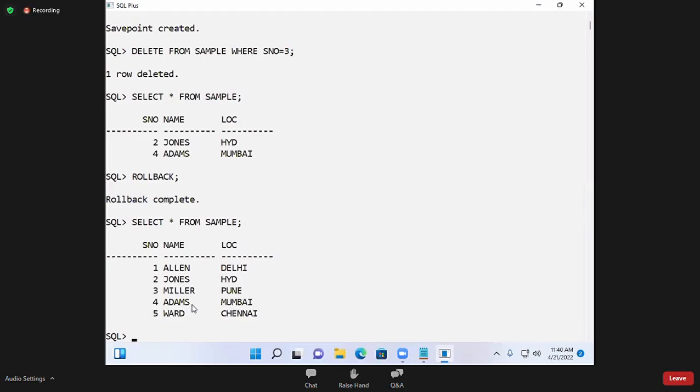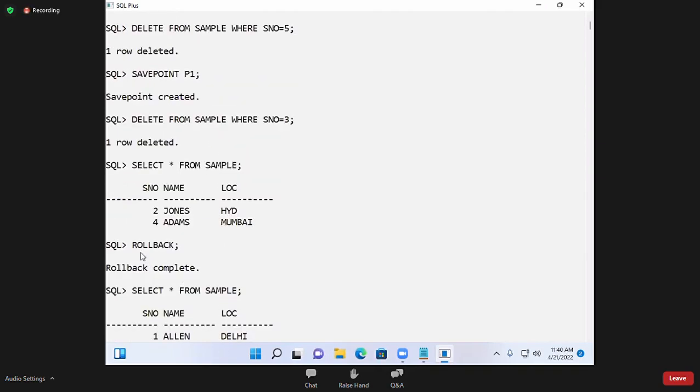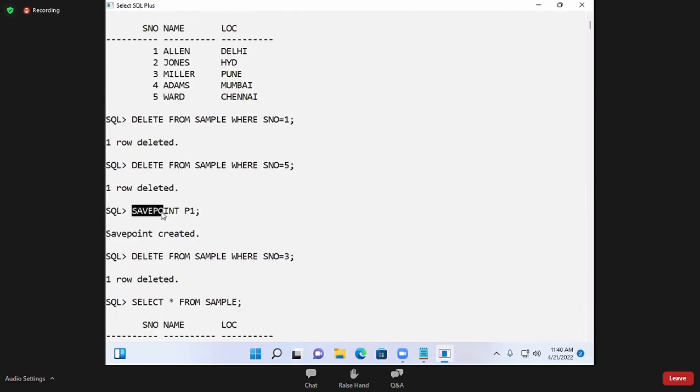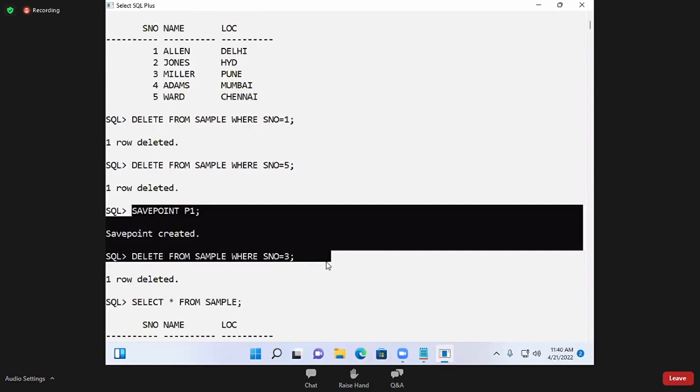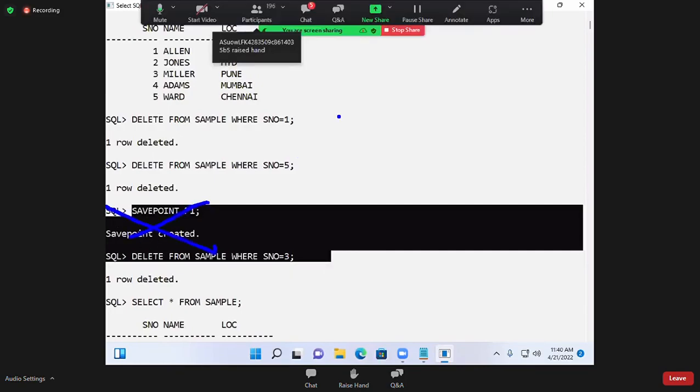The save point's intention is what? Specific rows only rolled back. But if all are rolled back, then did creating a save point have any use? No, nothing. Even without the save point, I directly delete this one and this one and do rollback, and all are coming back.